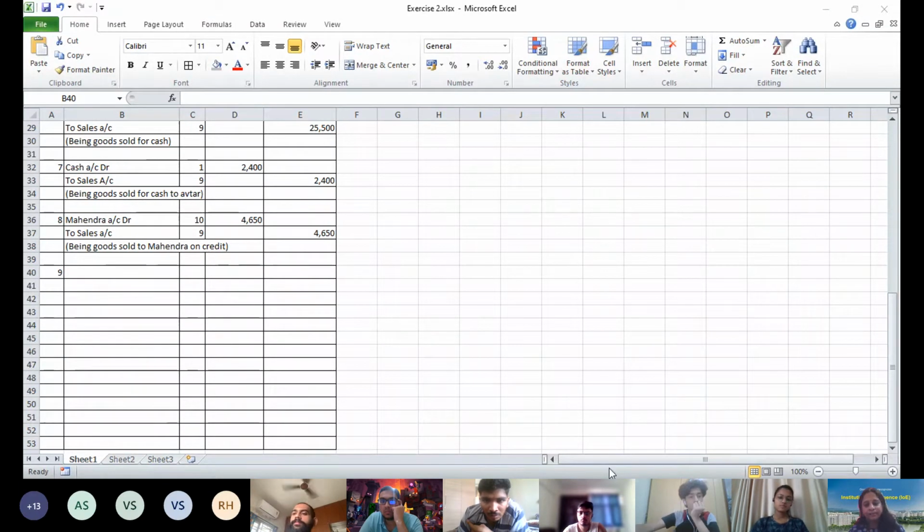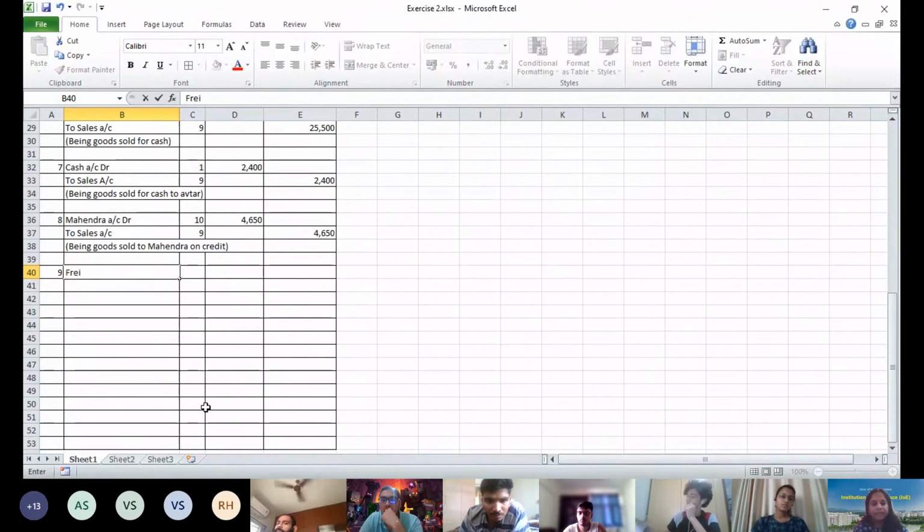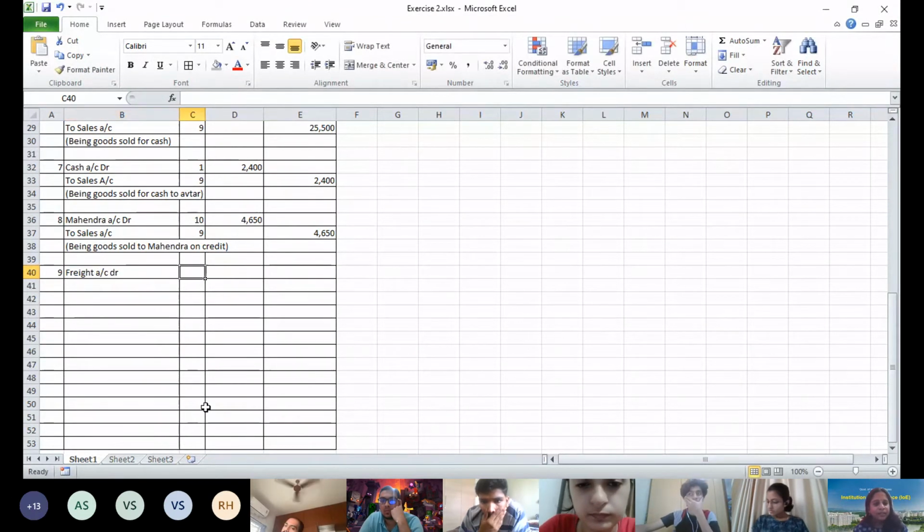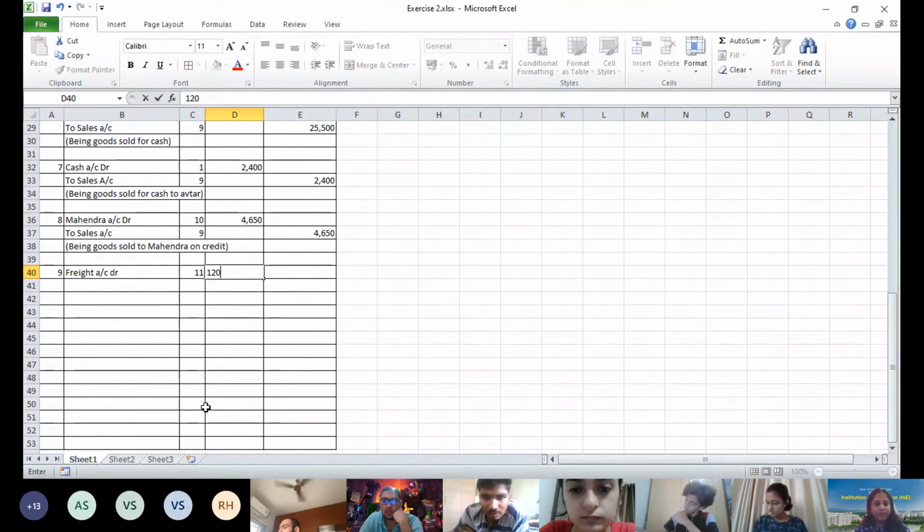Paid freight. It's again a nominal account. Freight is an expense. What's the spelling here? F-R-E-I-G-H-T. Freight account debit. Amount: 120. Be very careful with these amounts.